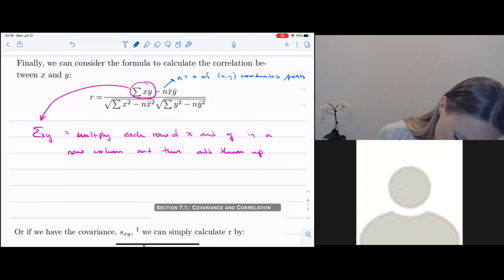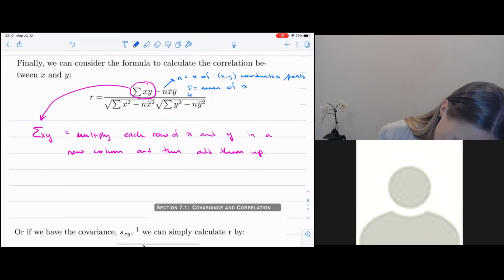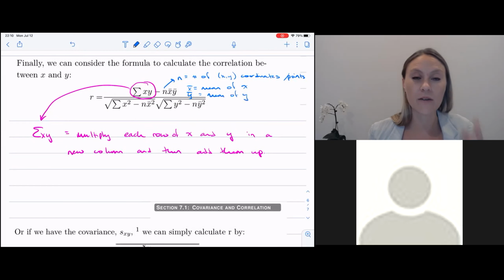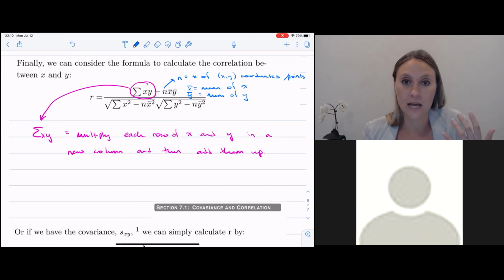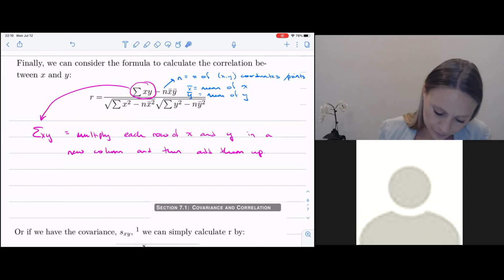X bar is the mean of x, which we definitely know how to calculate, and y bar is the mean of y. So if you have an x column and a y column, and I ask you to find the means of those, you can do that, and those are the values that you would use here.